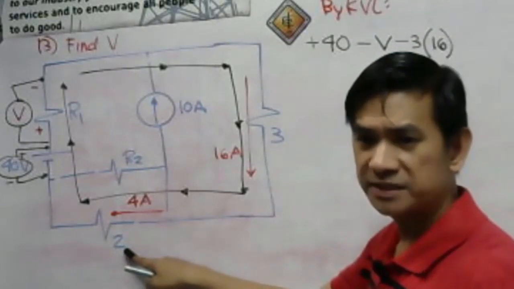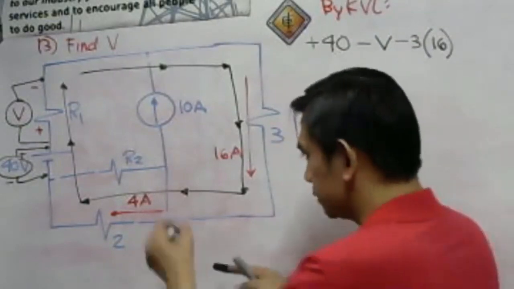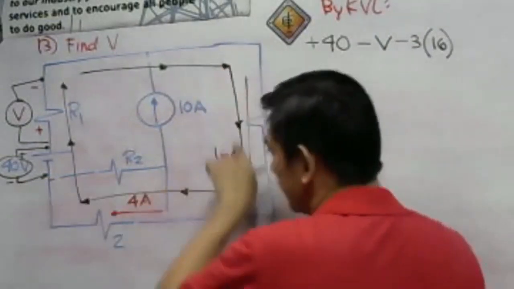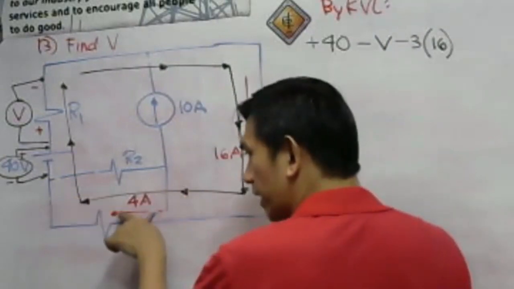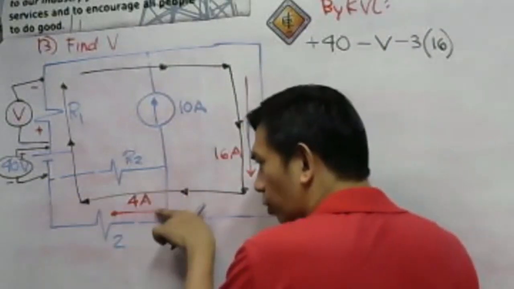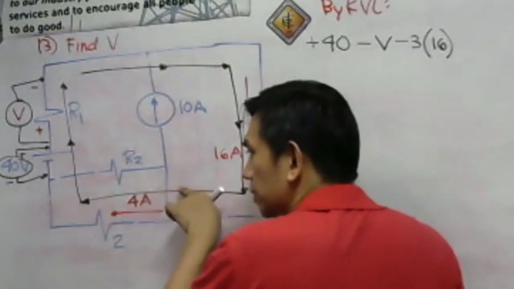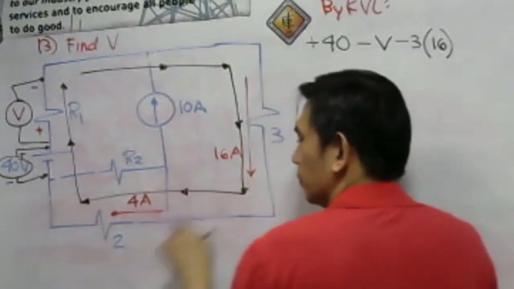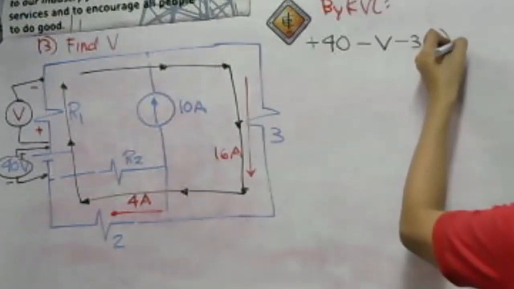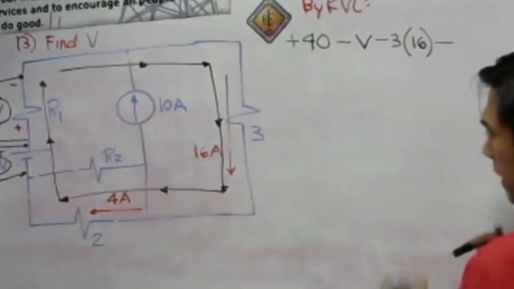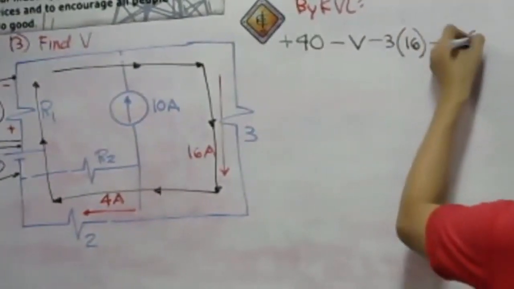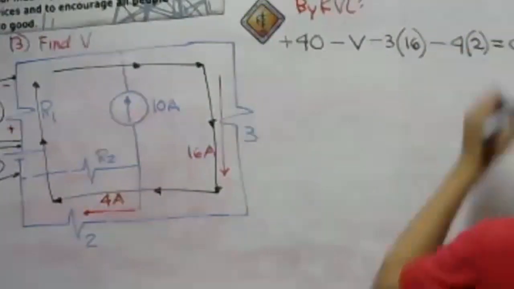This is the 2 ohm resistor, and the circuit tracing is going to the left. The 4 ampere current is also going to the left. One direction, one line. So we have here 4 times 2. So that is equal to 0.